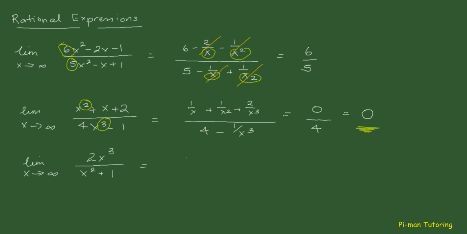If we divided top and bottom by x cubed, we would find that on the bottom we have x squared over x cubed plus 1 over x cubed. Both of those would tend towards 0, so we would end up with 2x on top and 0 on the bottom. So that does not give us a clear indication of the limit of this function.